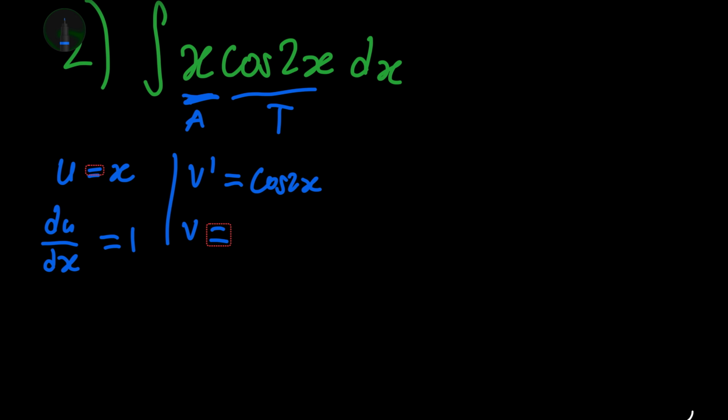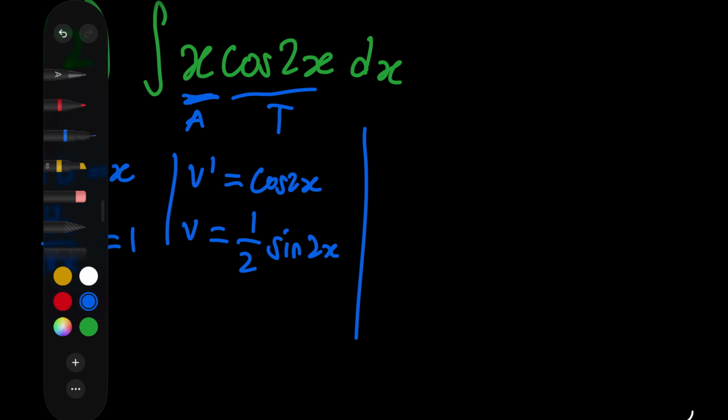we'll have to use chain rule for this, but we can use a shortcut. The shortcut says, as we covered in the last video, we can say it's 1 over 2, integral of cosine is sine, so sine 2x. This rule is just an easier way of doing chain rule, especially if it's a very simple composite function. So there we go, we got our u's and our v's.